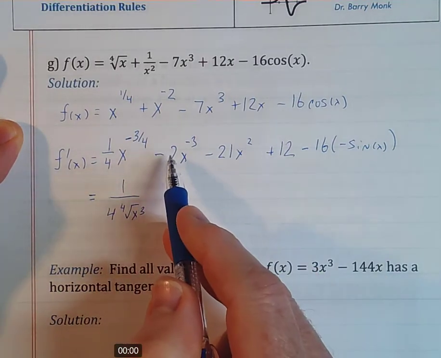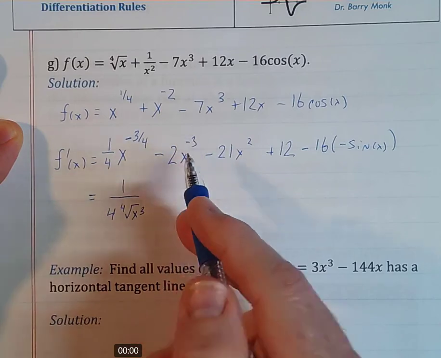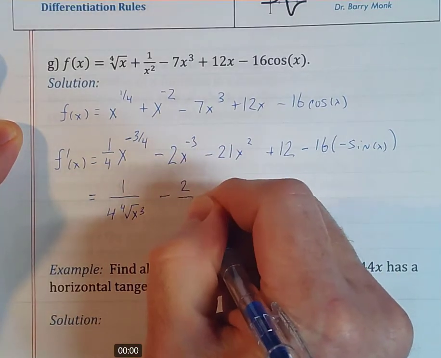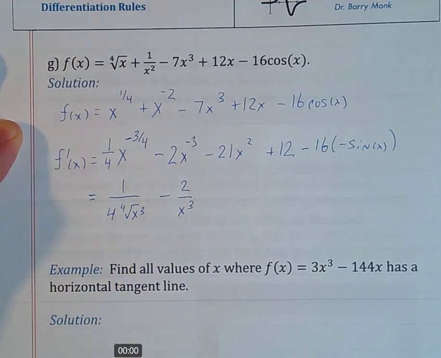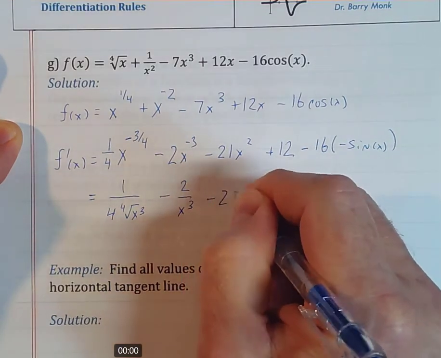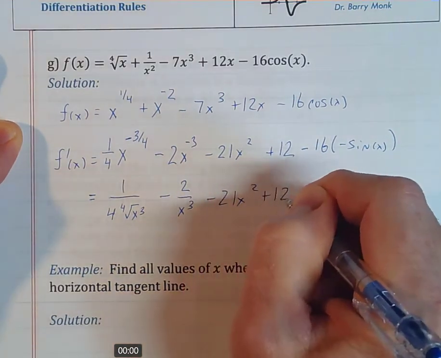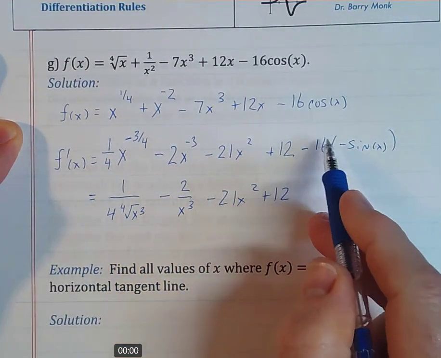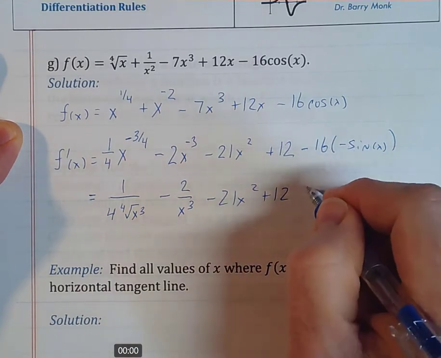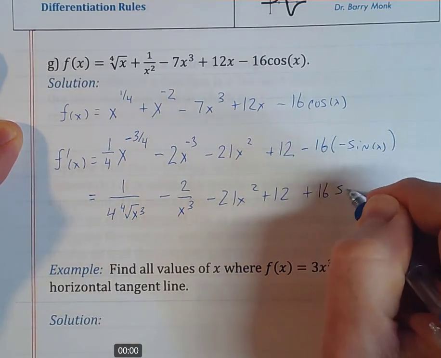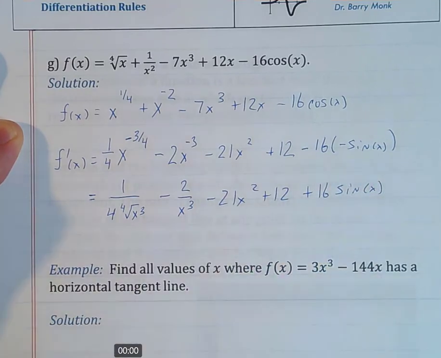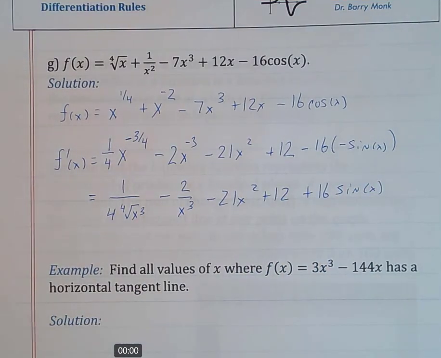All right, this would be -2, and I'm going to bring this downstairs, so that's going to be minus 2 over x cubed, minus 21x squared plus 12. It looks like the only other thing here is I can multiply these two negatives to get a positive 16 sine x. And that's about as simplified as that gets.